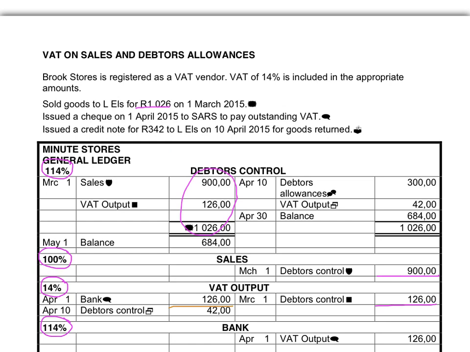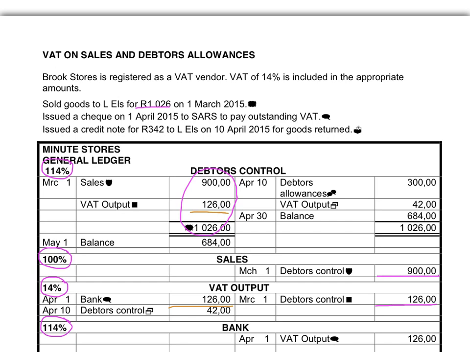So as soon as the money is received from the debtor, you will put it into the bank account to show that you've received this 126 Rand that the debtor owed you. But before you even receive that money, you have to pay it to SARS. So the business is responsible to pay this 126 to SARS every second month. And quite often this will happen long before the debtors pay their accounts.